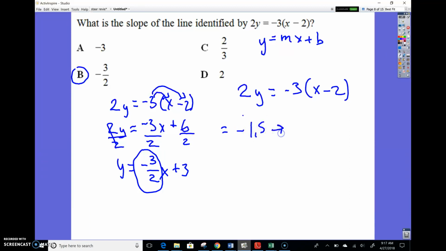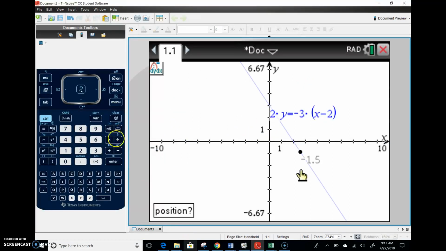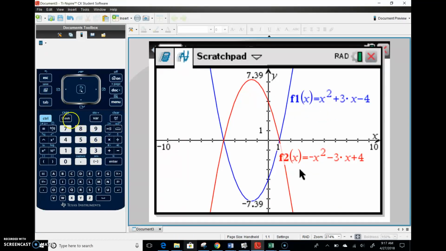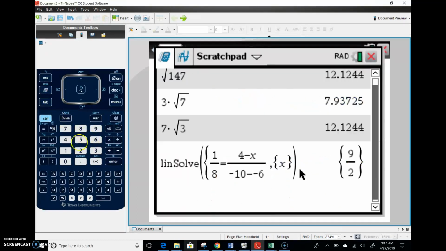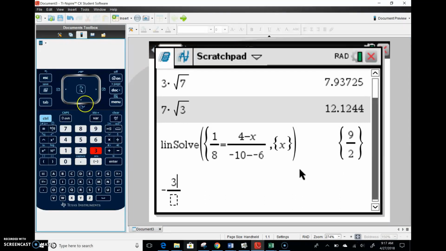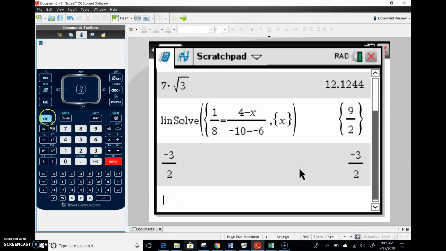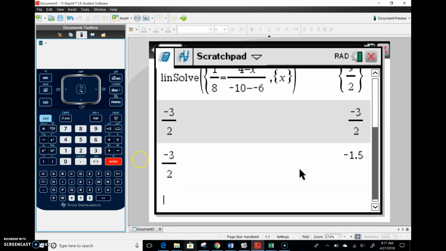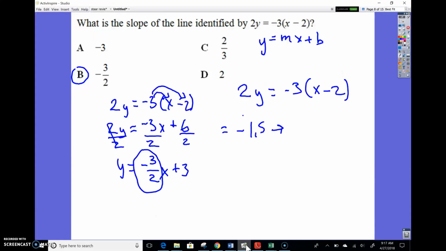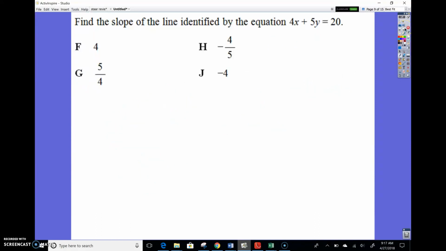So all I have to do is convert that, and see which one is negative 1.5 as a decimal. So I can put negative, control divide, 3/2, Control Enter. You see, that's the same thing as 1.5. All right, that's going to be my answer. Why don't you try the next two on your own?